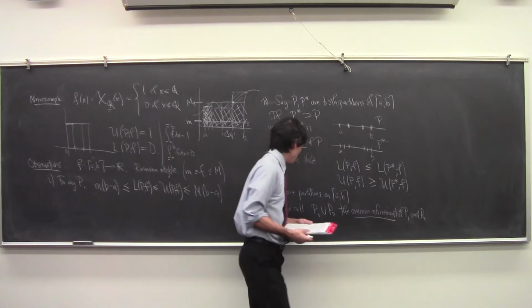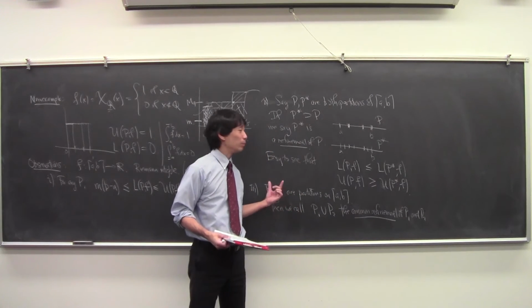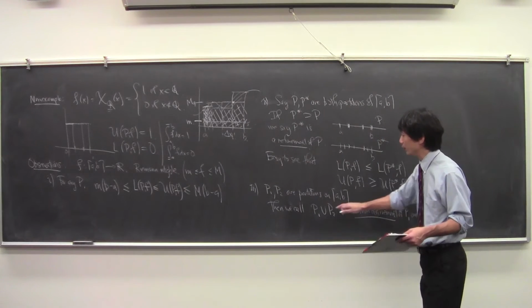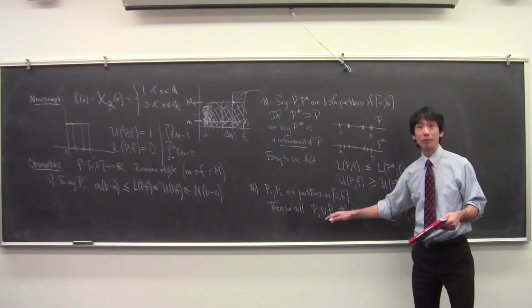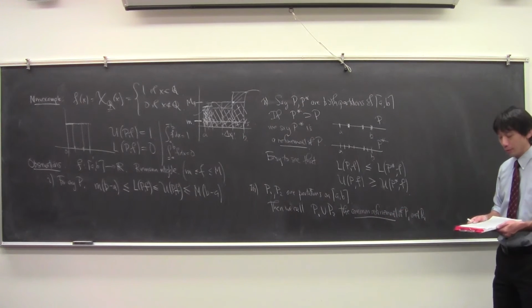So this is just the partition that contains all the points that are contained in P1 and P2. So it will be a refinement of P1, and it will also be a refinement of P2. And it is the smallest refinement of both of them.